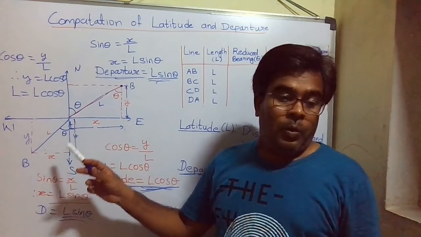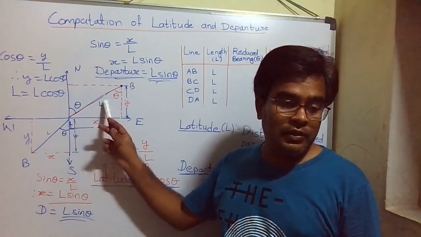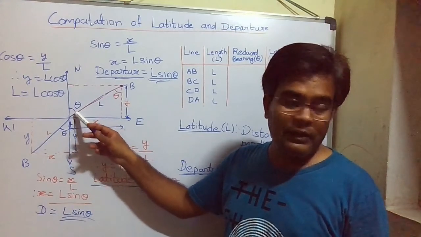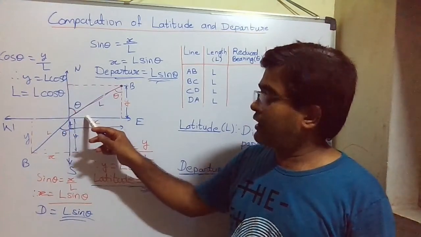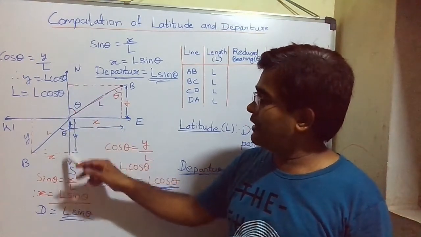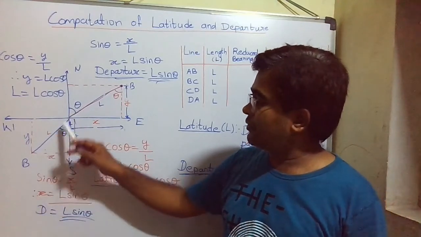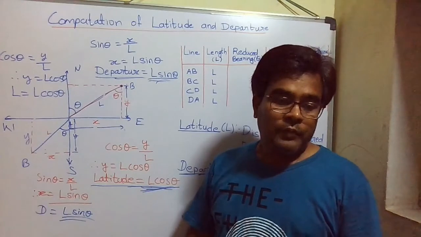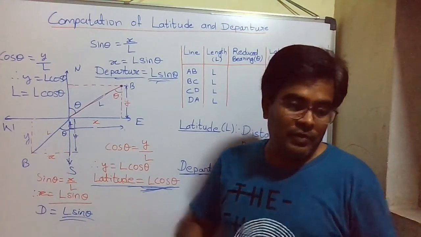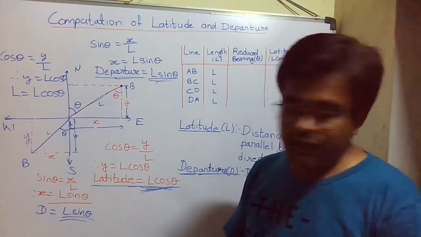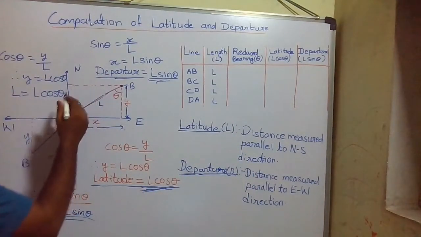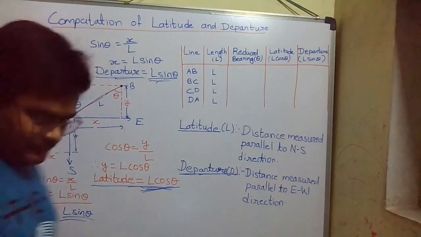So how to differentiate the quadrant? If its bearing is north theta east, or if the line is in this direction with the quadrantal bearing south theta west, how do we differentiate?